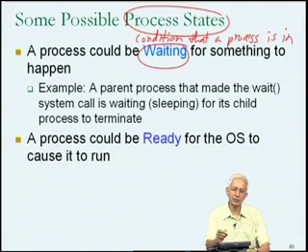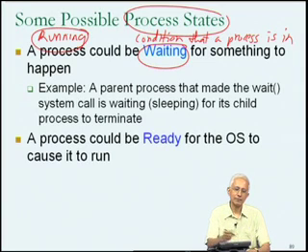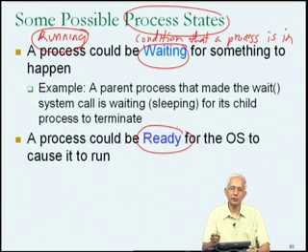The second possibility was waiting, the first possibility was running, and the third possibility is what I will refer to as ready. So, a process which is not waiting for anything but is not running would be described as being ready. What is it ready for? It is ready to be allowed to run, or it is ready for the operating system to cause it to run.